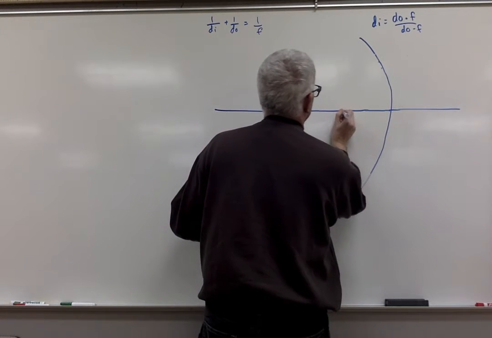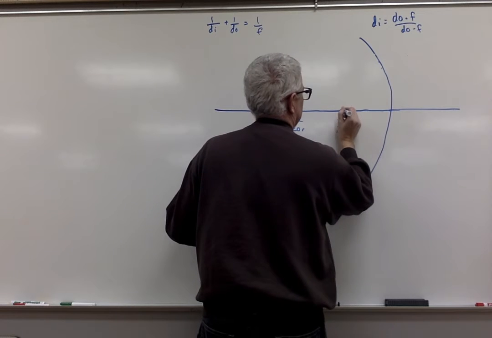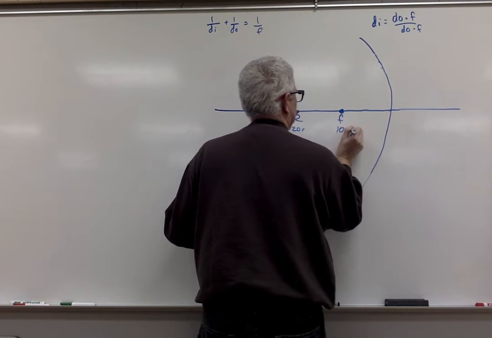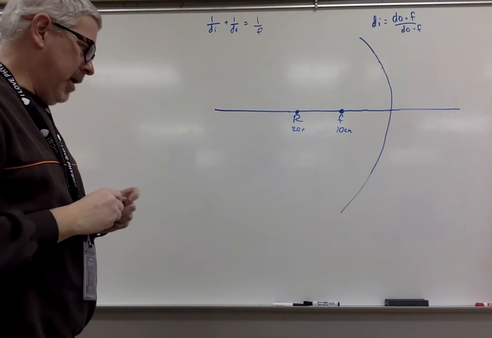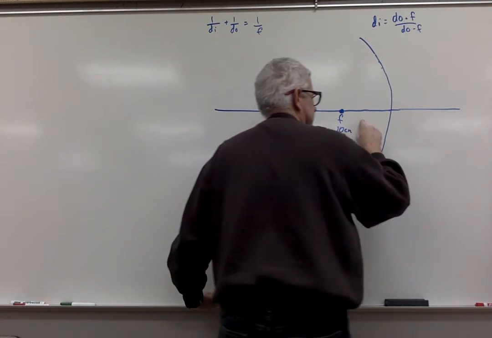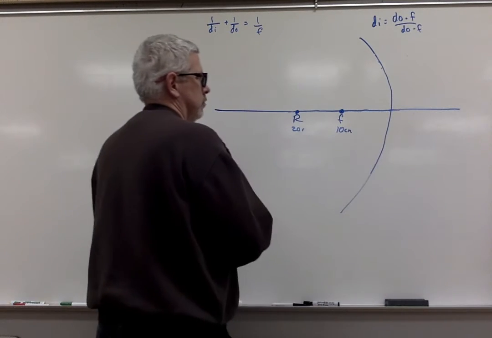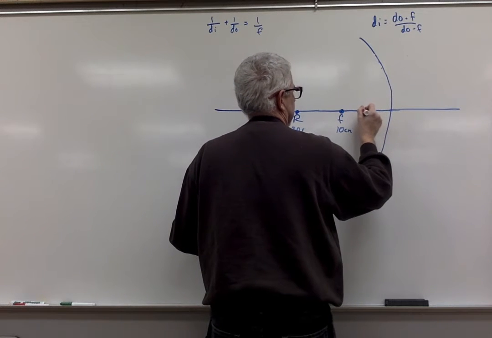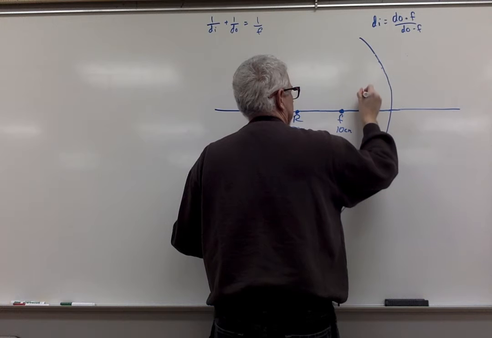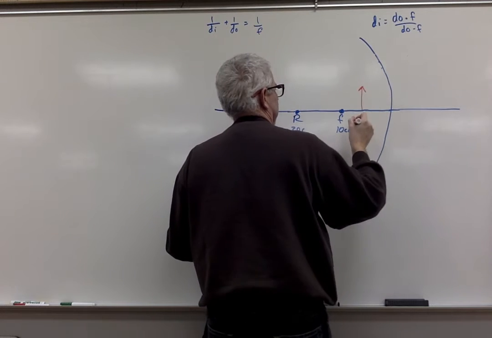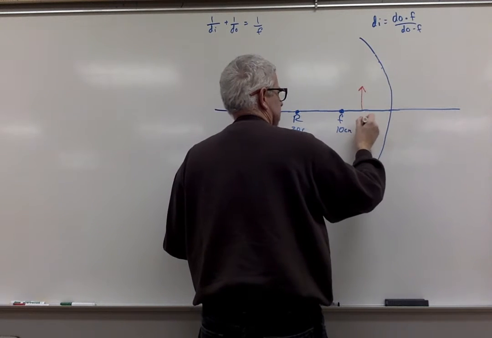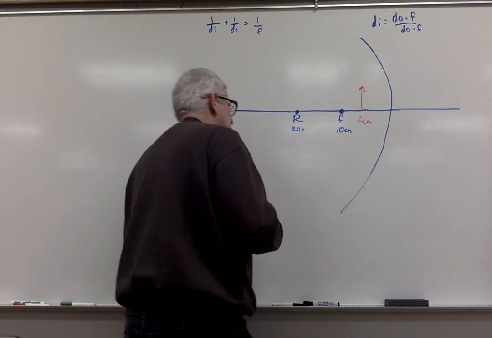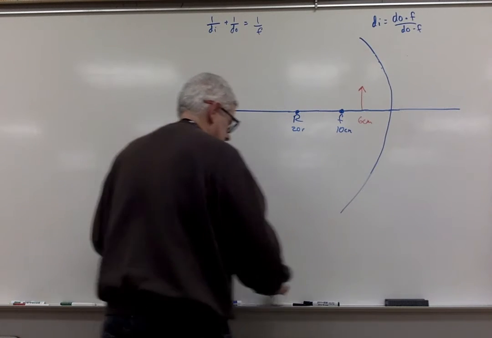I'm going to move it so that my object is inside the focal point. So something like this. So let's say that this is at 6 centimeters for my object. So draw the rays again.